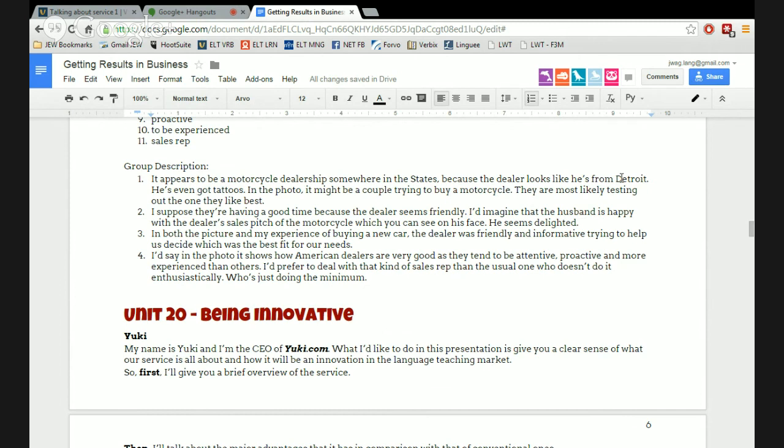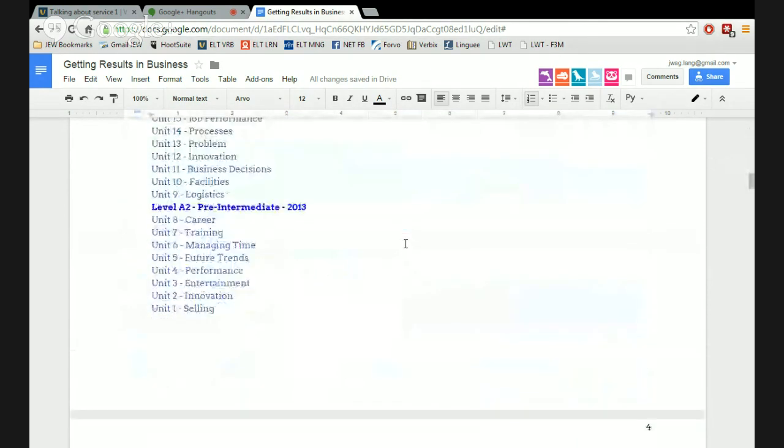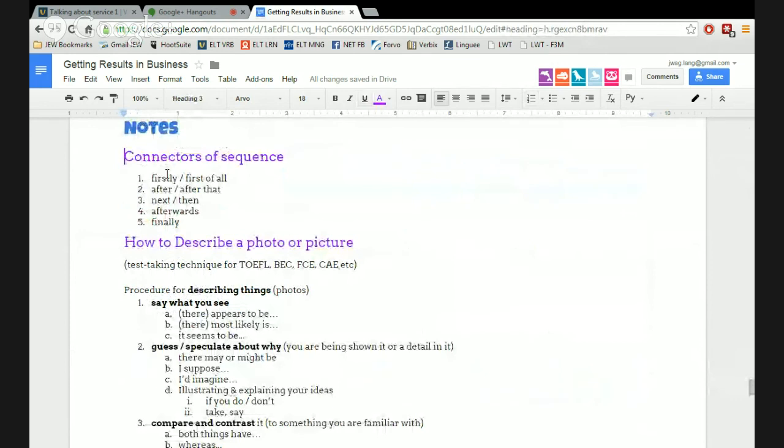Okay, perfect. So everyone, all we need to do to finish is add a few connectors. Connectors are words or expressions that link ideas together. And if you go to the Jump to Topic page, you'll see connectors of sequence here. First, after that, next, finally.